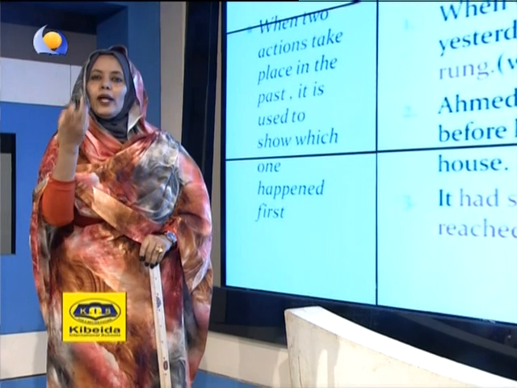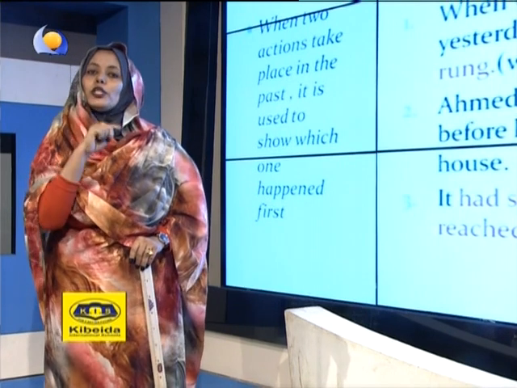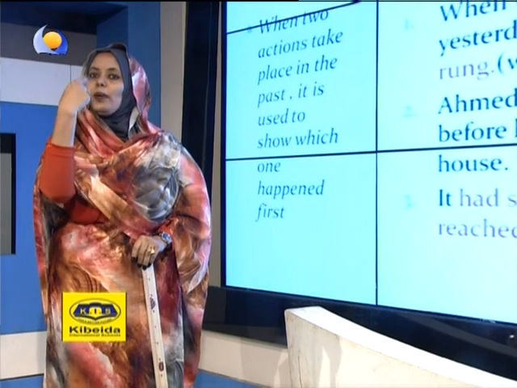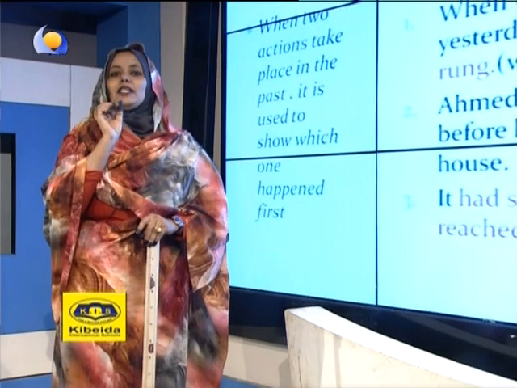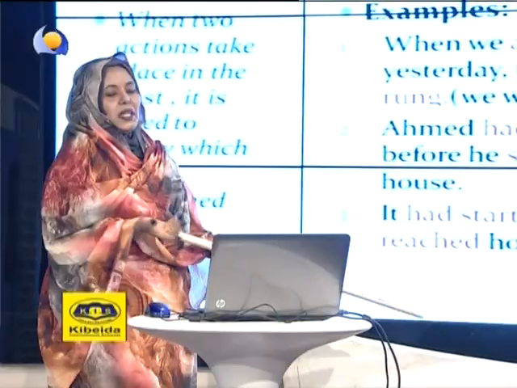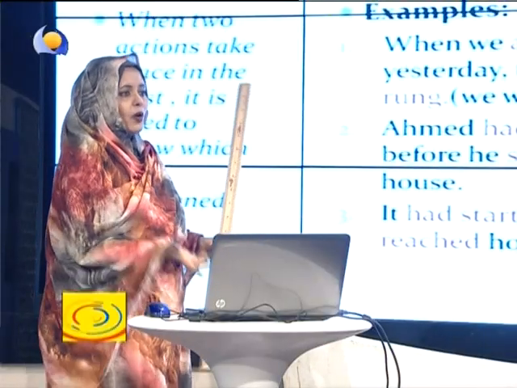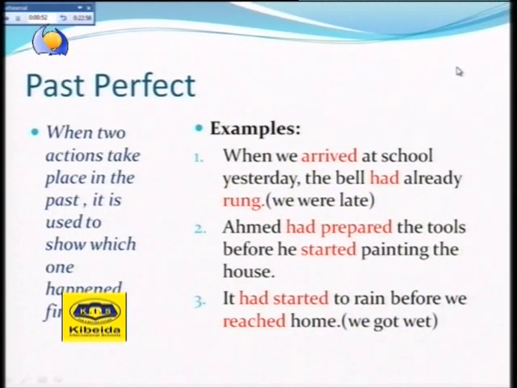I want to let my audience or my listener know which one of these two took place first. The one that happened first is written in the past perfect, and the other one is simply written in the past simple because both of them happened in the past. So, when two actions take place in the past, we refer to the past perfect. Past perfect is used to show which one happened first.